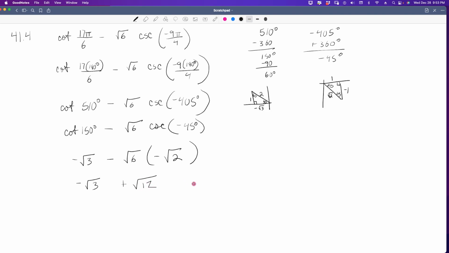Square root of 12 can be simplified into square root of 4 times the square root of 3. So that would become a 2. So then this is a -1 times the square root of 3. This would be a positive 2 times the square root of 3. So a -1, positive 2 equals a positive 1 times the square root of 3, which is just square root of 3. And that is the answer to 41.4.